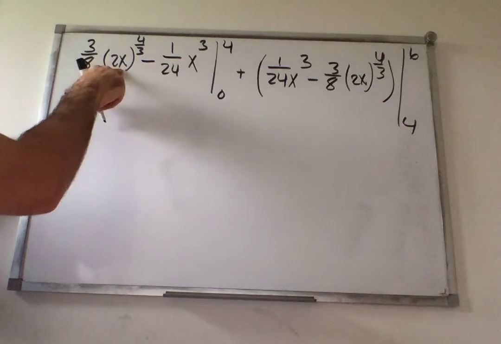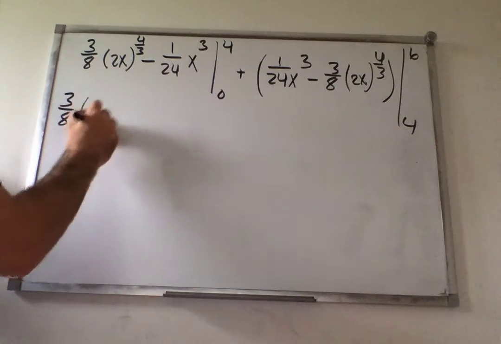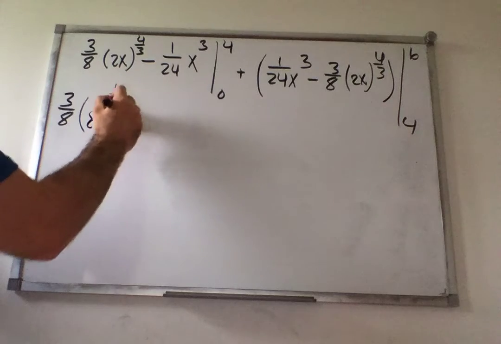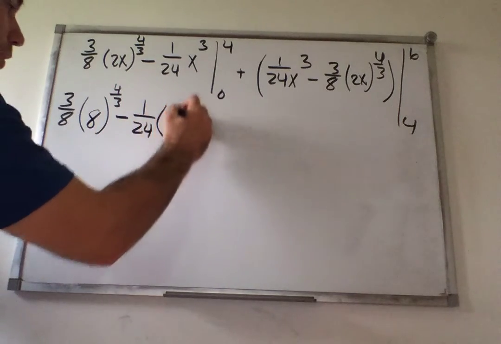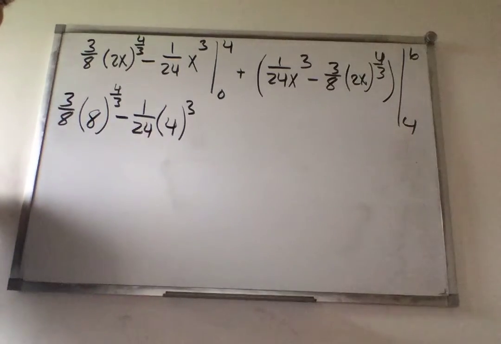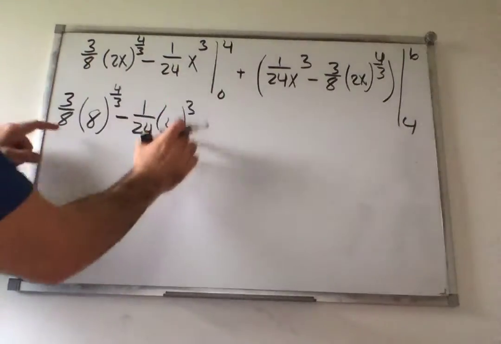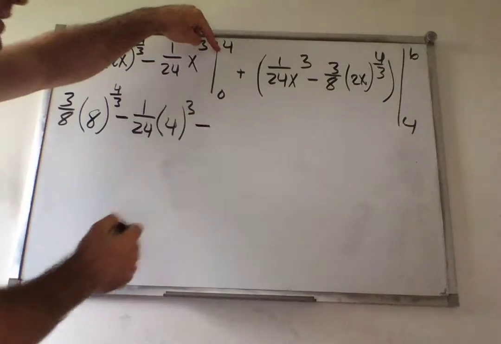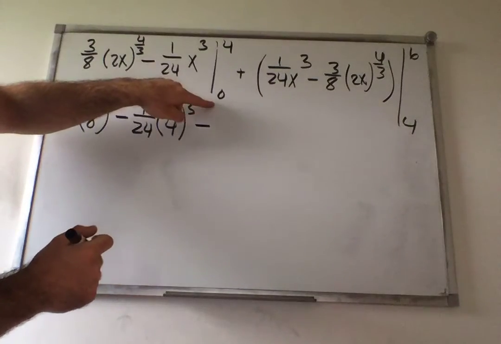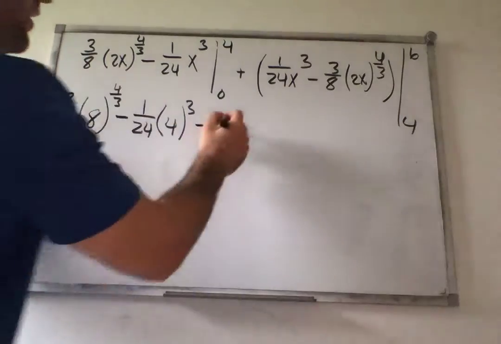If I plug 4 into here, 2 times 4 gives me an 8 to the 4/3 power minus 1/24 times 4 to the 3rd power. So that was just evaluating the antiderivative at the upper bound. Minus, if I evaluate the antiderivative at the lower bound, I get 0.